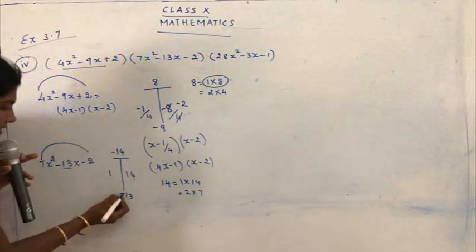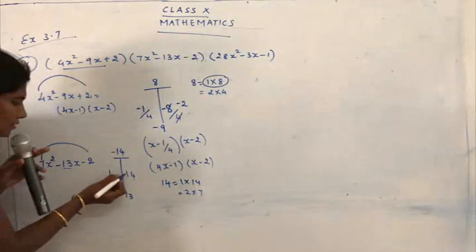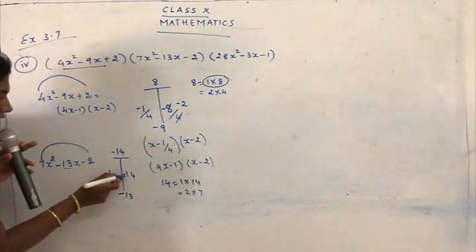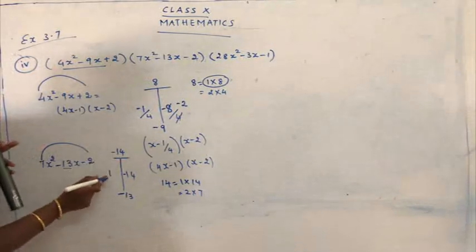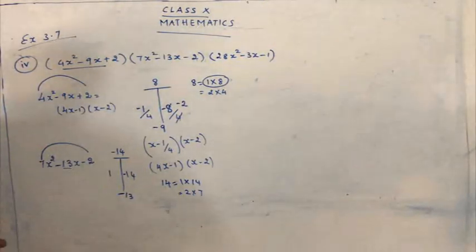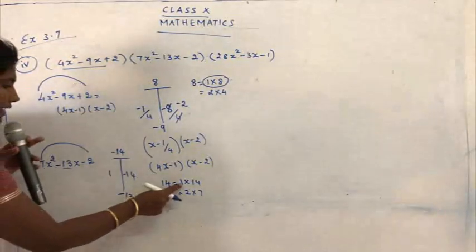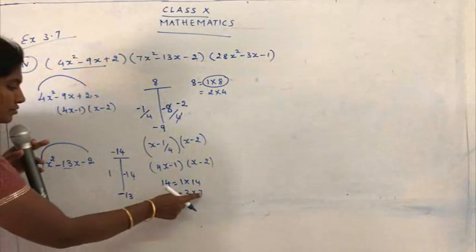So I need here minus 13. That means the sign of the bigger number is minus. So 1 into minus 14 gives you minus 14, and 1 minus 14 is minus 13. Just let me explain you once again. 14 is expressed as 1 into 14, 2 into 7.